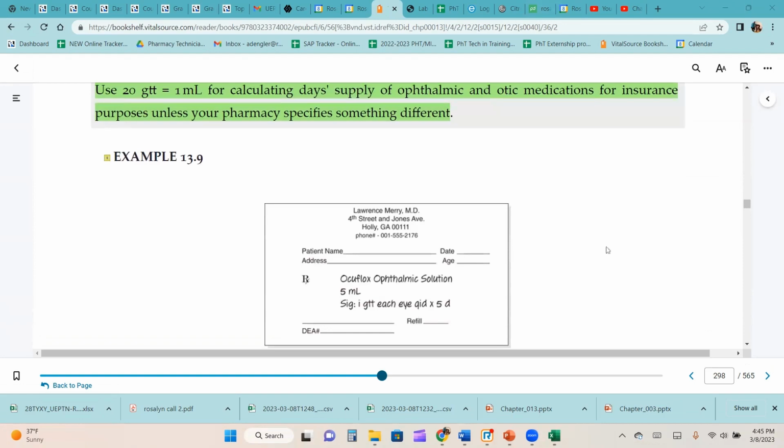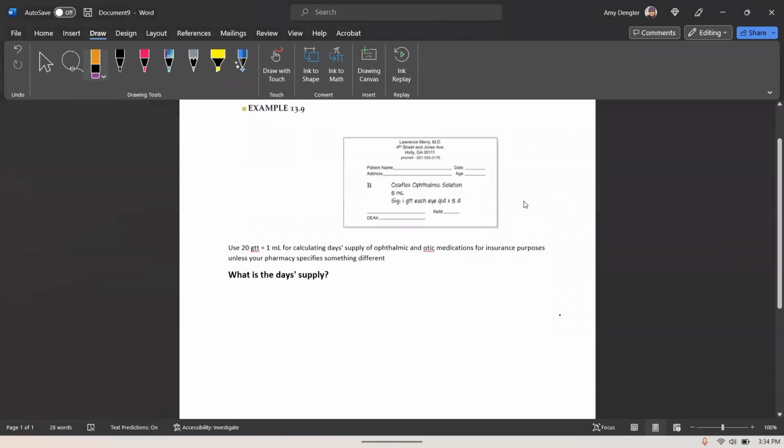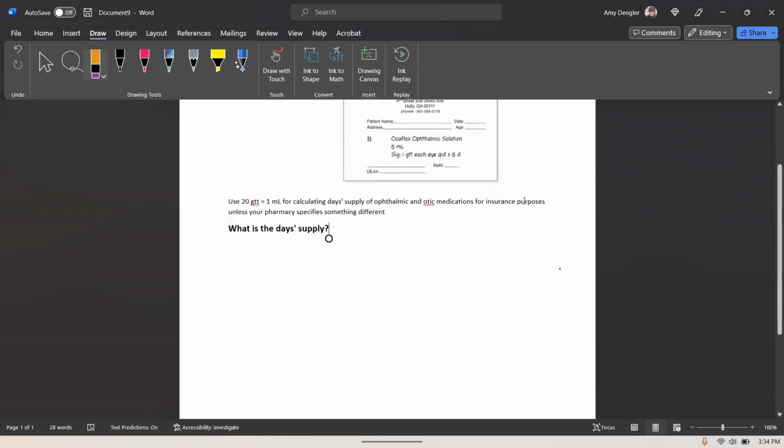All right, so now we'll do example 13.9. We have a prescription for Ocuflox ophthalmic solution, 5 mL. The SIG is 1 drop in each eye, QID for 5 days. It says to use 20 drops per 1 mL for calculating day supply for ophthalmic and otic medications for insurance purposes, unless your pharmacy specifies something different.